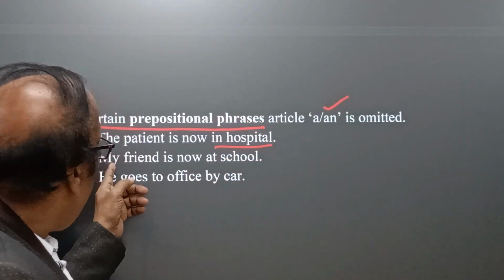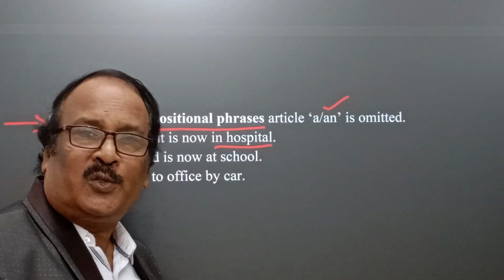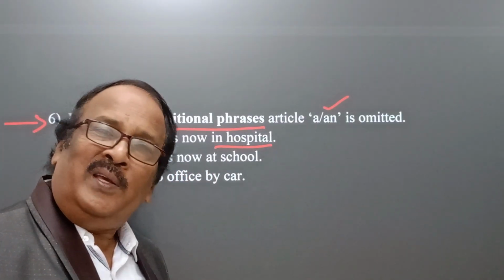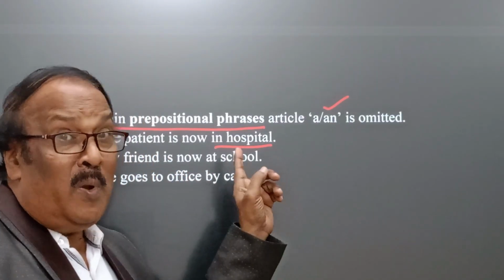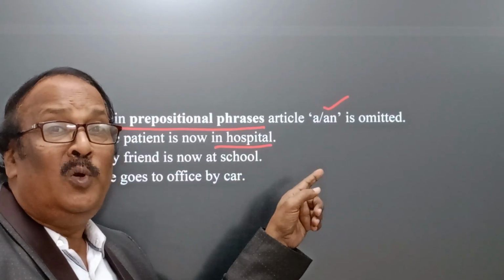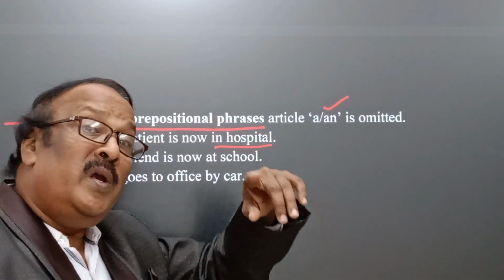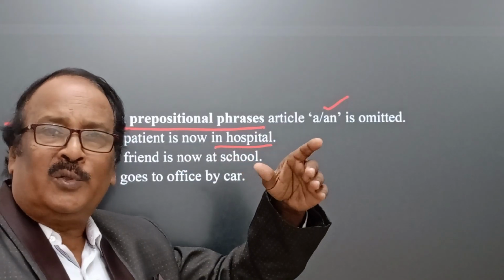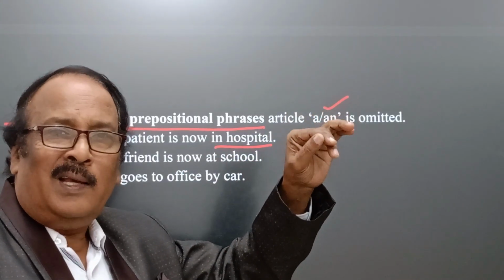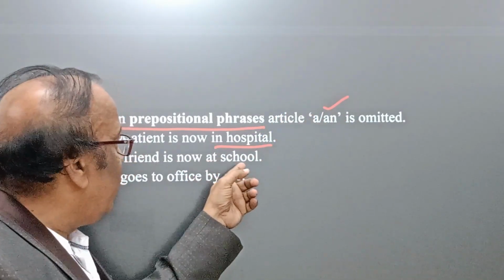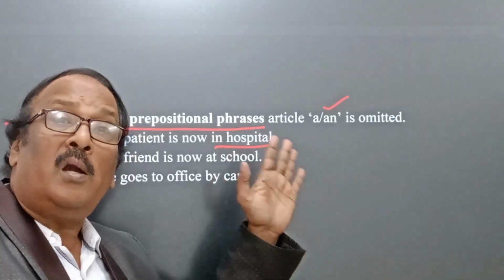And then my friend is now at school or at home. Wherever it may be, but at is there. At school means he is now in the premises of the school somewhere. Therefore here we cannot write at a school, only at school.